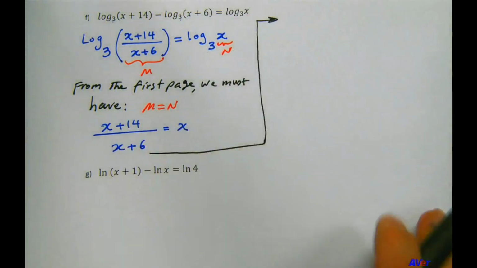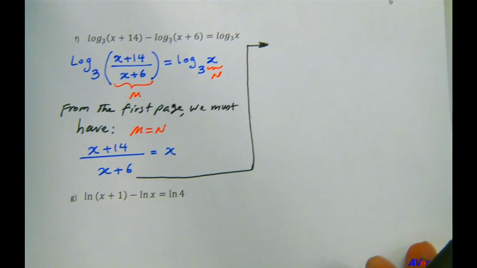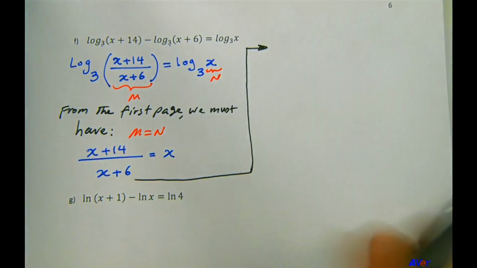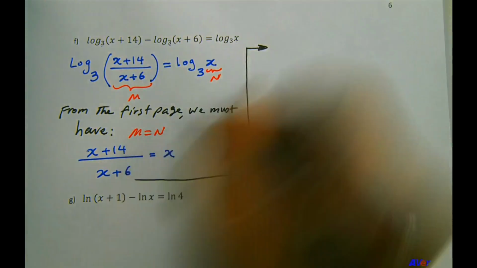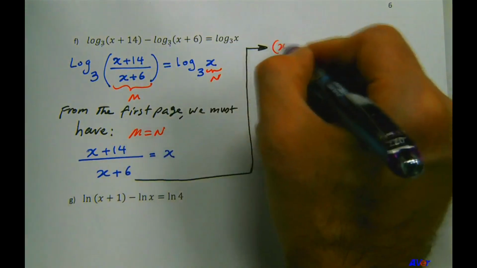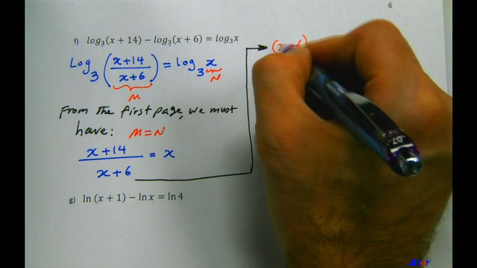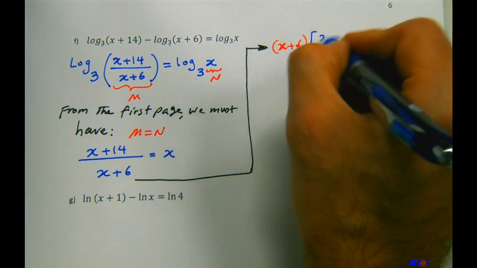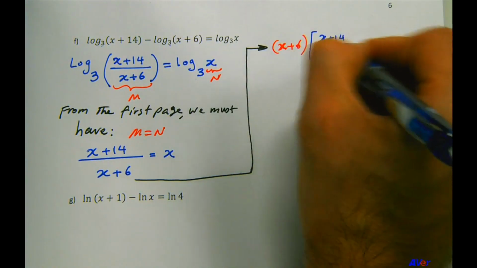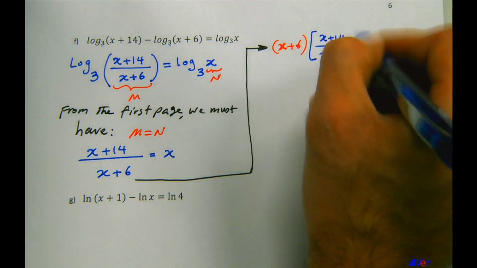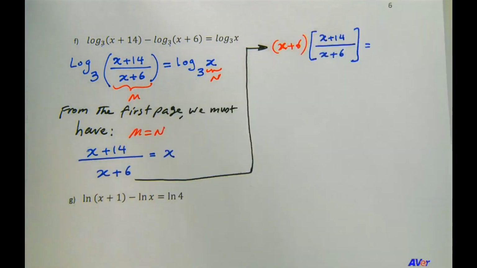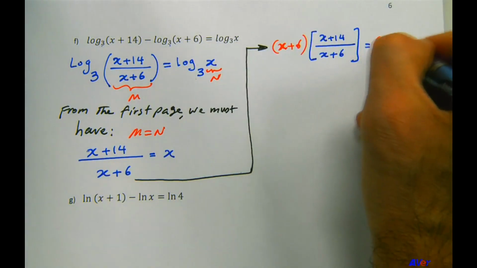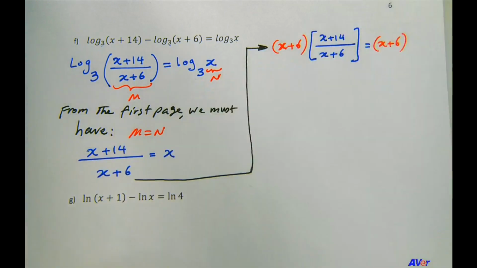In this case, it would be x plus 6. So x plus 6 times (x plus 14) divided by (x plus 6) equals x plus 6 times x.